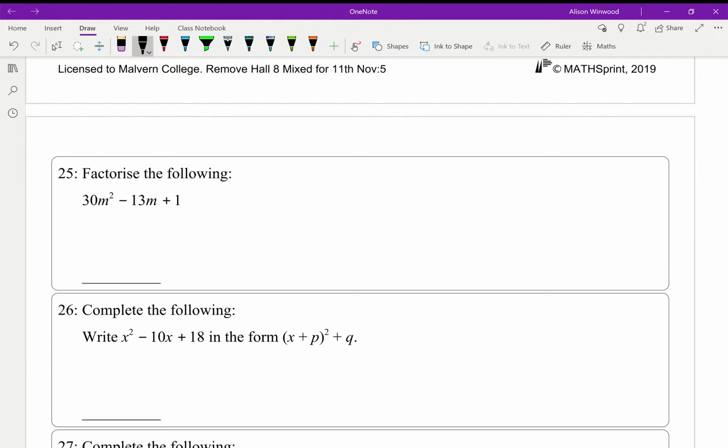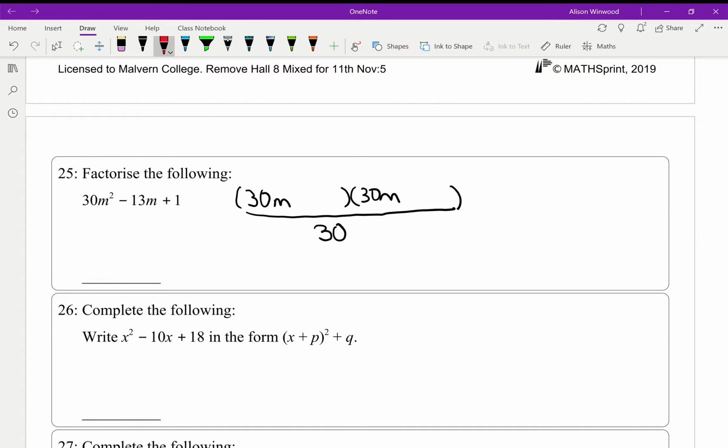This is a slightly harder version, but still the same idea. So I've got two brackets, I'm going to put 30m in both. Now if I expand that, I've got 900m squared. So I need to divide by 30, so I make sure I get 30m squared.